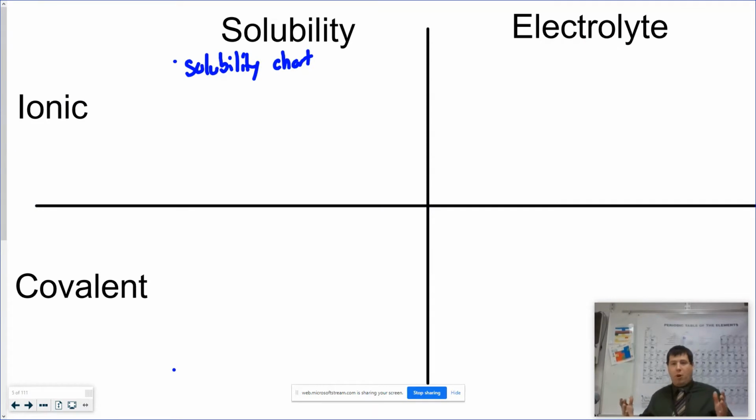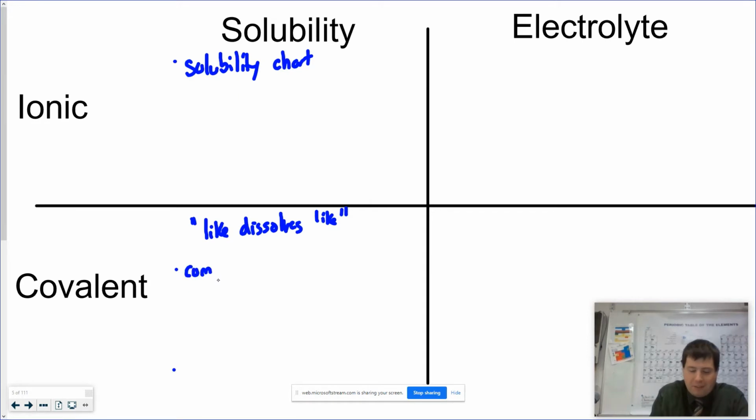Well, how do you know if a covalent compound is soluble? How do I know that sugar is soluble? Well, you might remember a rule of thumb you can use. That rule of thumb is that like dissolves like. Now, what does that mean? That means that compounds like sugar and water of similar polarity are soluble.